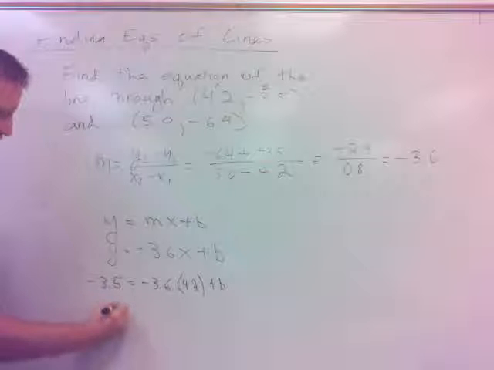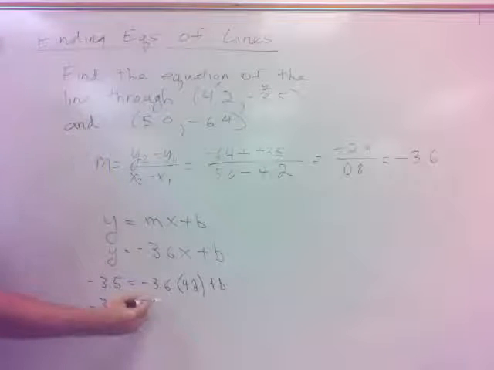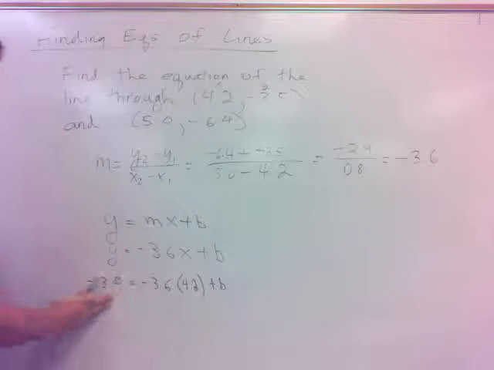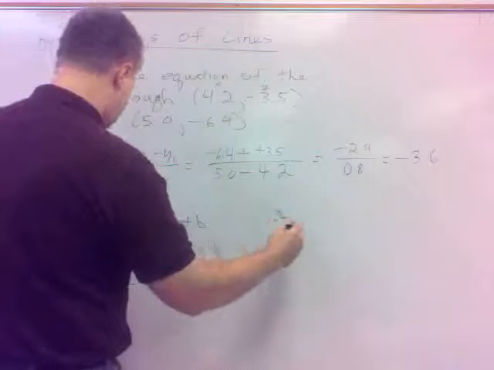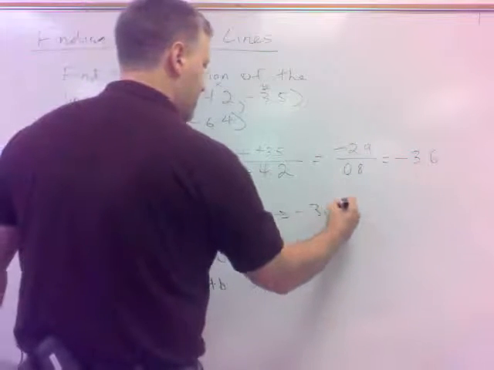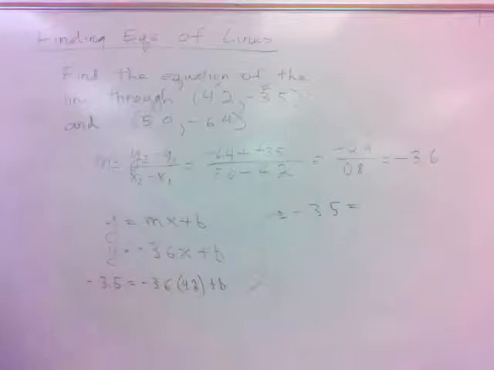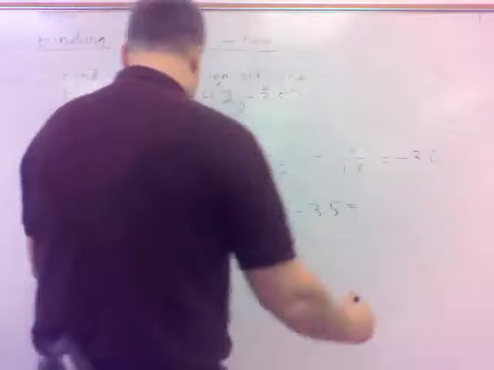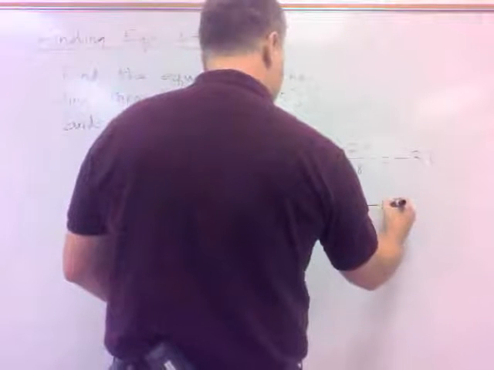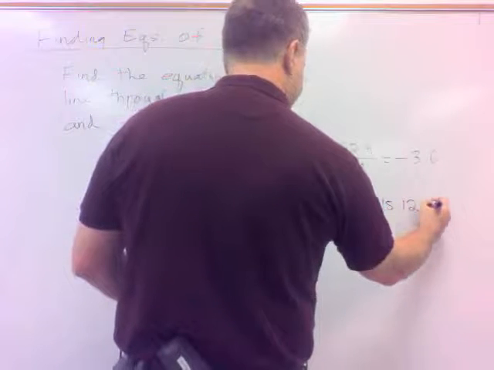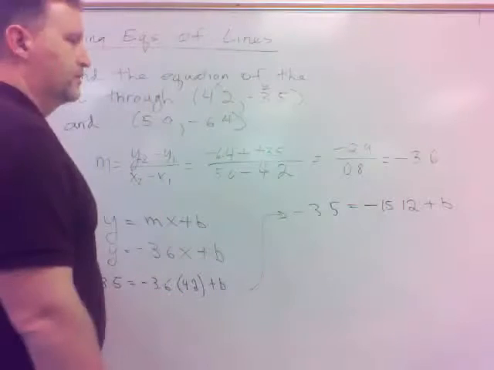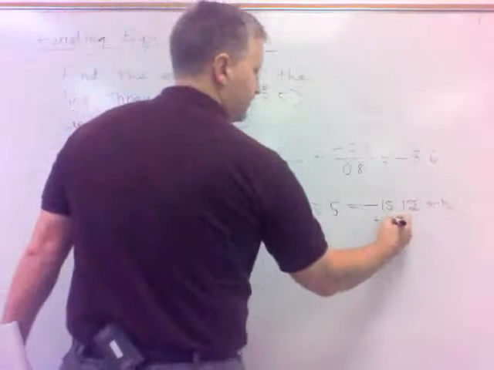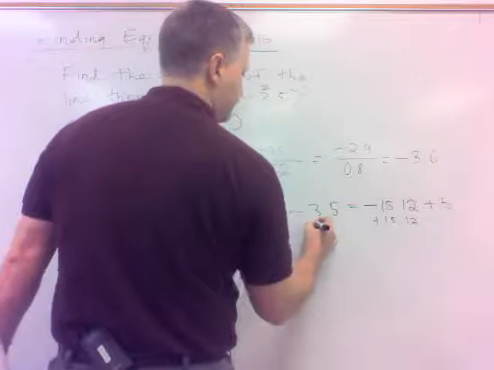So that'd be negative 3.5 equals, what's negative 3.6 times 4.2? Negative 15.12 plus b. So add the 15.12 and we get our b.